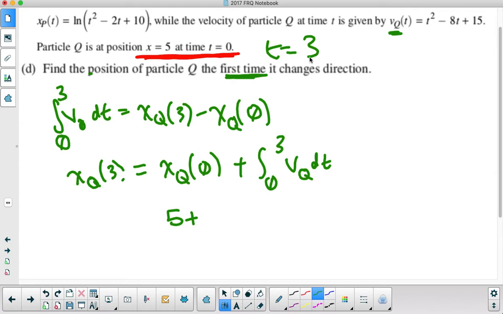The second part here is where all the work is being done, because we got to do the integral of this and then plug in 3 and 0. So let's do that. Integral of t squared, add 1, divide by your new exponent. So add 1 is 3, divide by 3, minus 8t squared, divide by 2, leaves you with 4t squared, plus 15t.